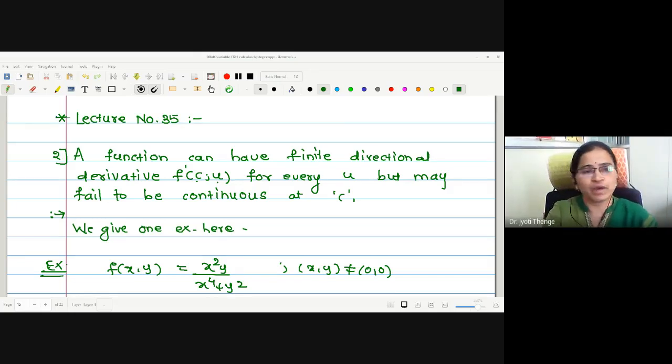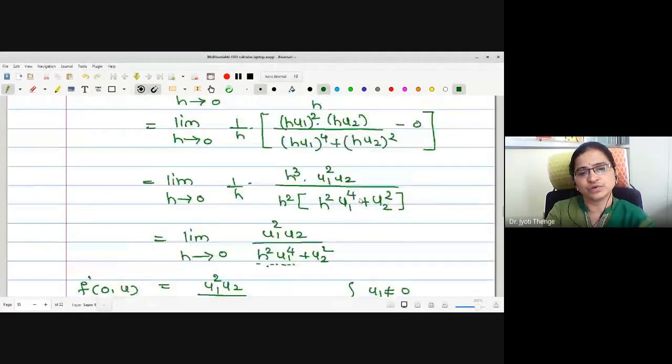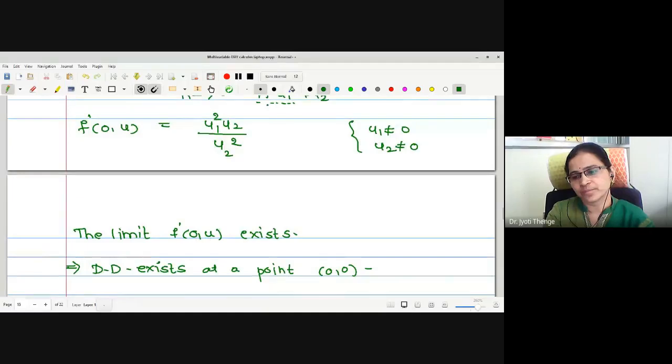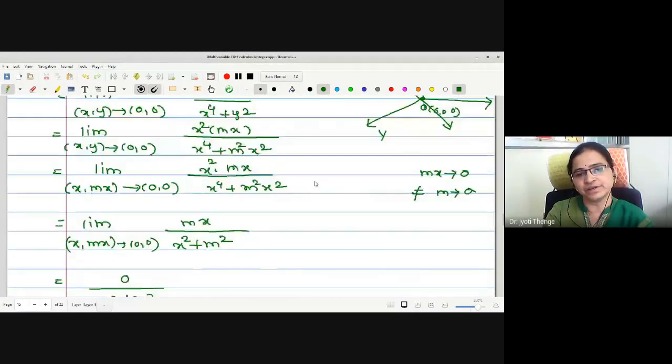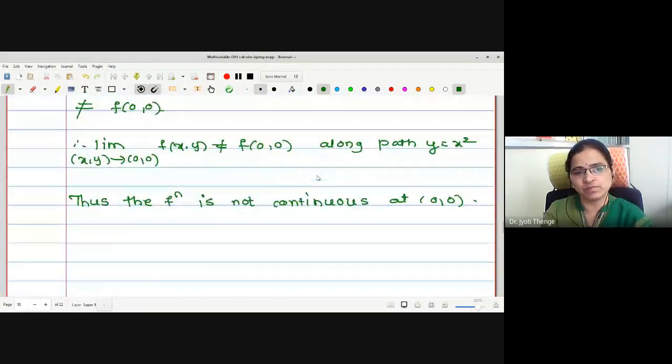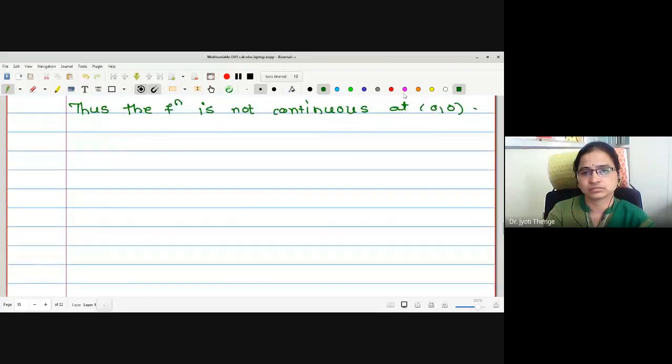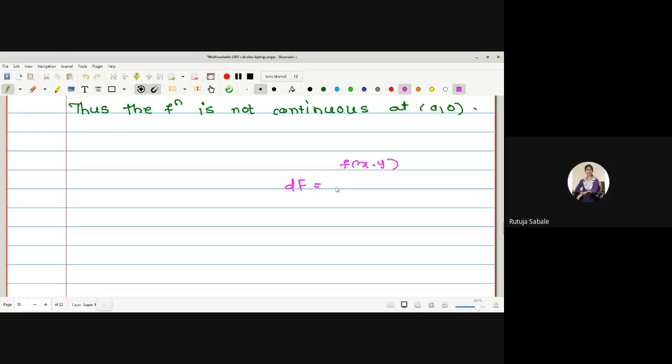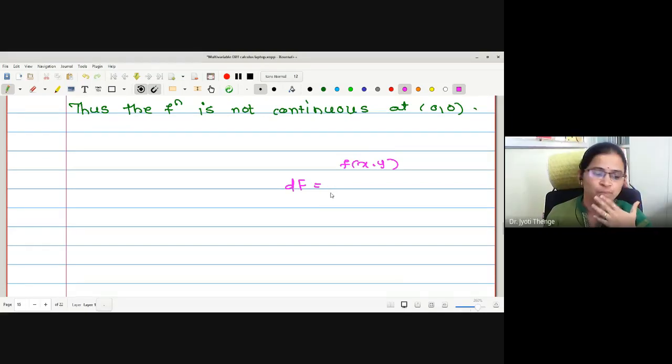Now, I think you are familiar with the concept of total derivative of functions of two variables, right? How are you finding the total derivative of a function of two variables? This is f of x, y, say. df you are finding now.